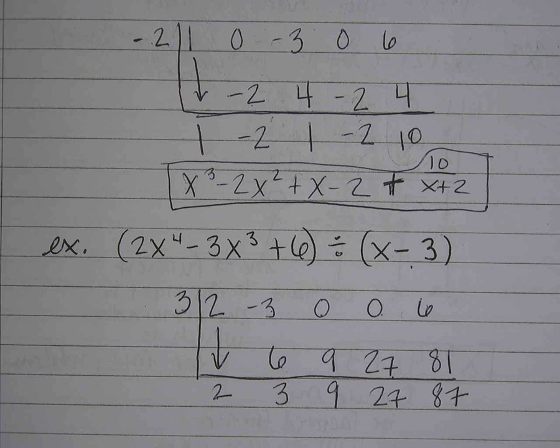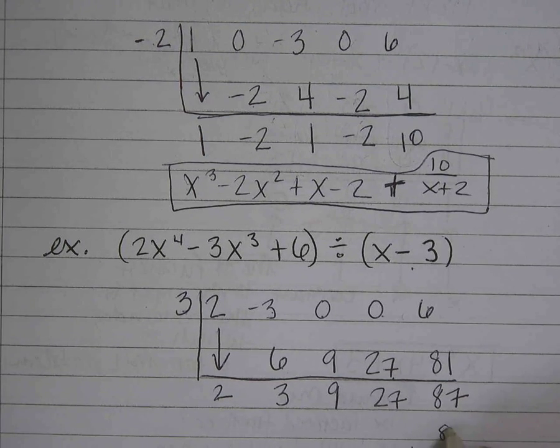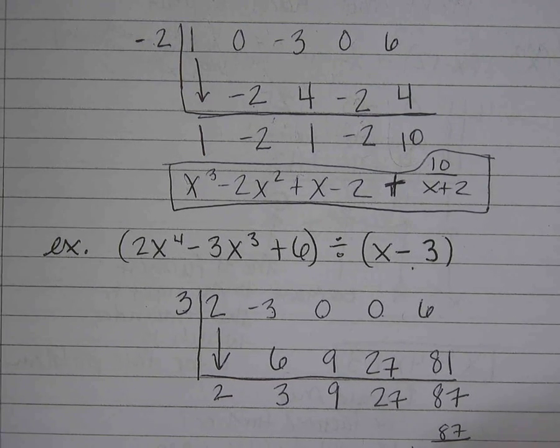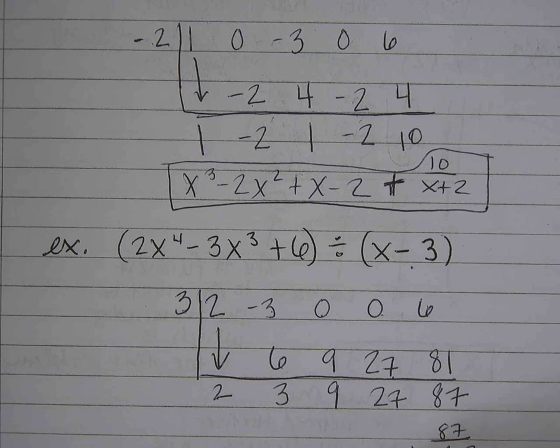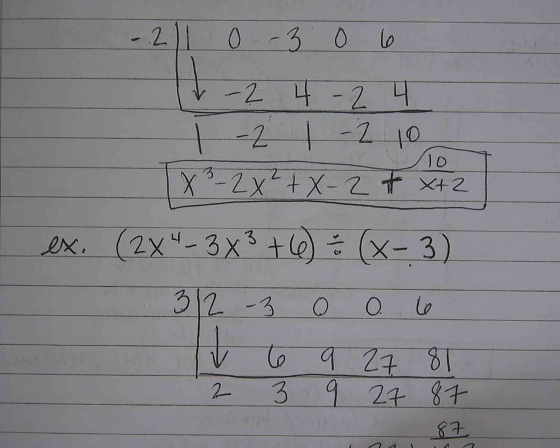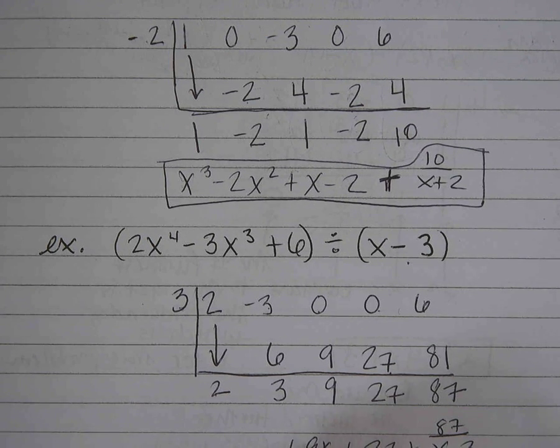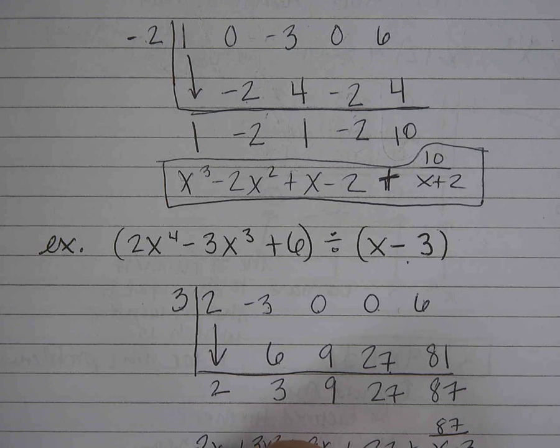Okay, so rewrite my equation now. So it will be plus 87 over x minus 3. And then 27 plus 9x plus 3x squared plus 2x cubed.